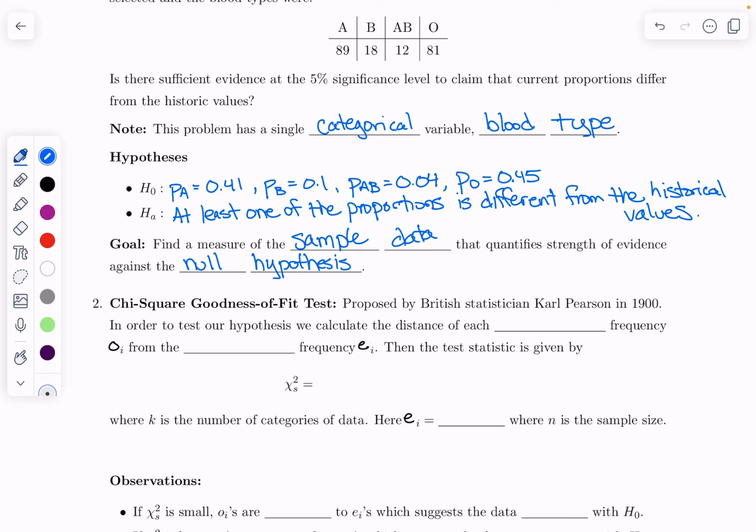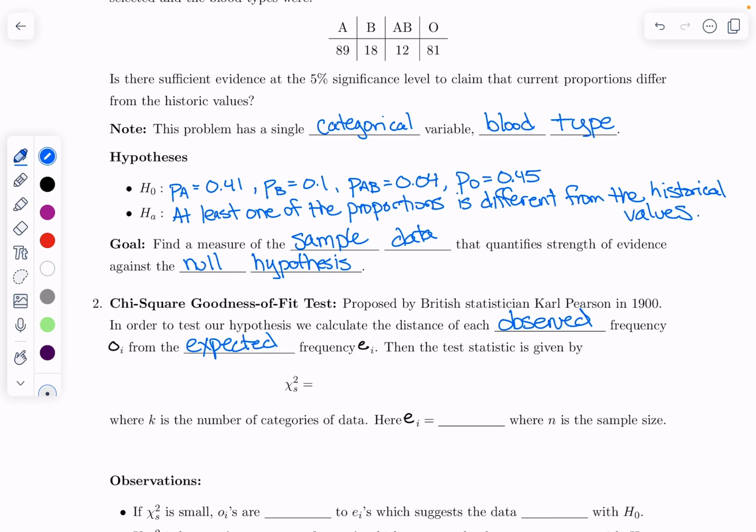What we're going to do is calculate the distance of each observed frequency from the expected frequency. So for example, the observed frequency of AB blood type is 12 out of the 200, but we expected that 4% would be AB, which is 8 out of the 200.